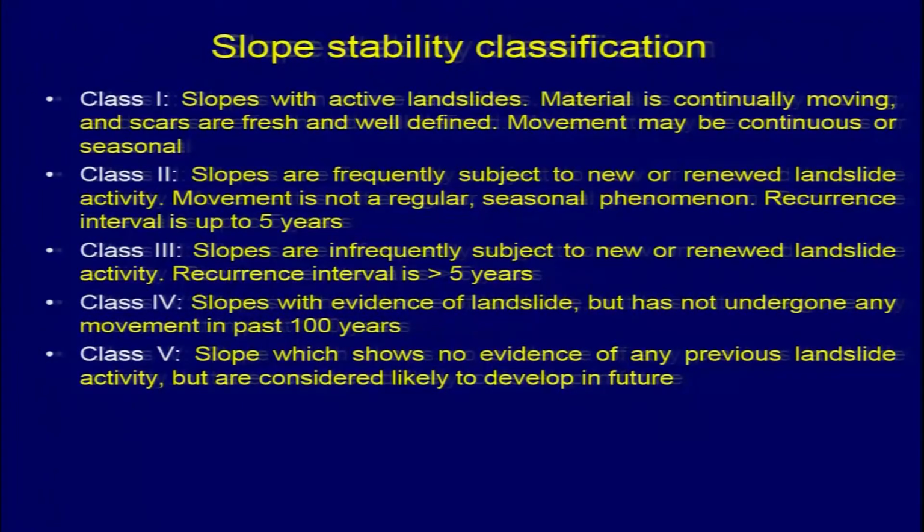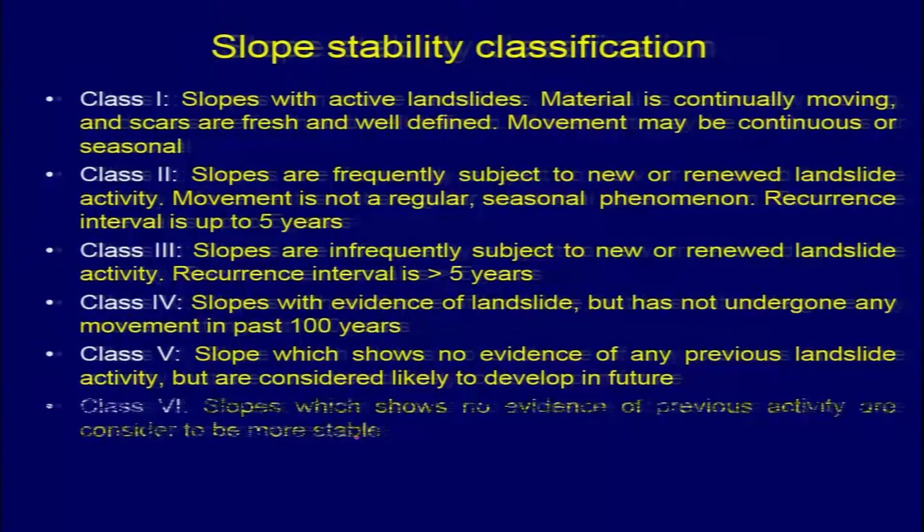Class 5, slopes which show no evidence of any previous landslide, but are considered likely to develop one in future. So, here you will have to apply the knowledge of slope, the lithology, and the geological structures. Class 6, slopes which show no evidence of previous landslide activity are considered to be more stable.